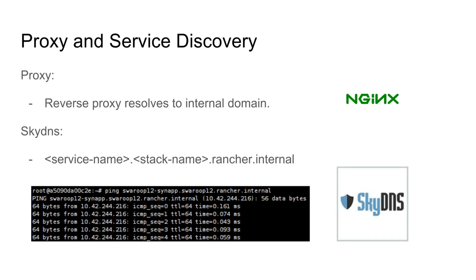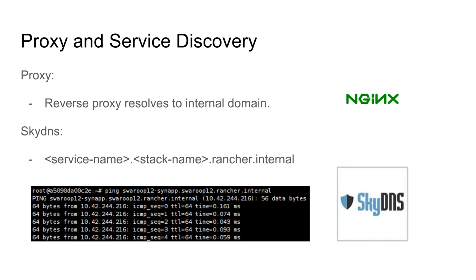So if you look below, there's a shell which shows the ping response of an internal domain for the Swaroop 1.2 service. The SkyDNS format of a domain is something like service name, then stack name dot rancher dot internal. So whatever request like Swaroop 1.2 dot Swaroop.com comes in, it's programmed in Nginx to route that way.